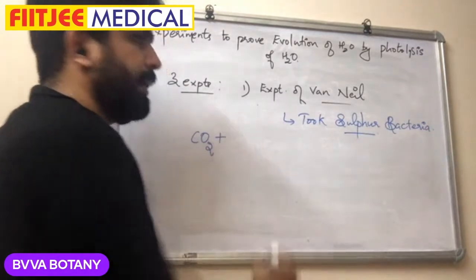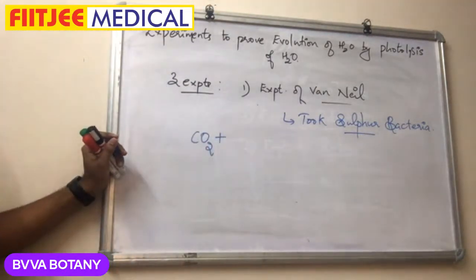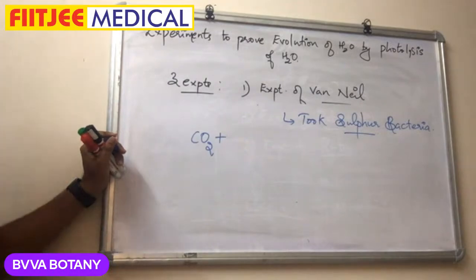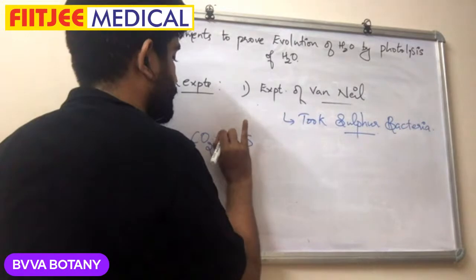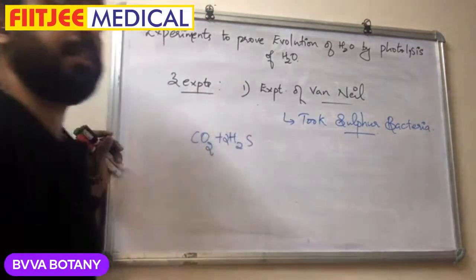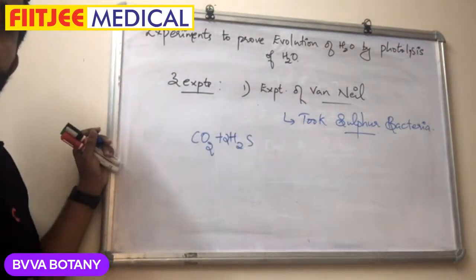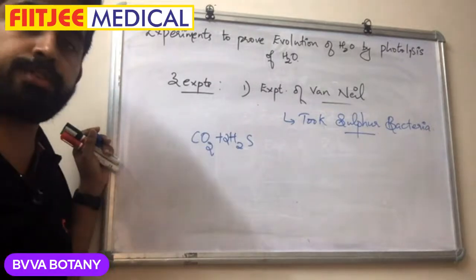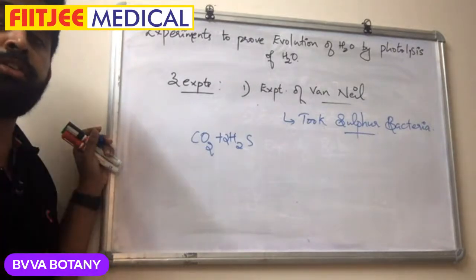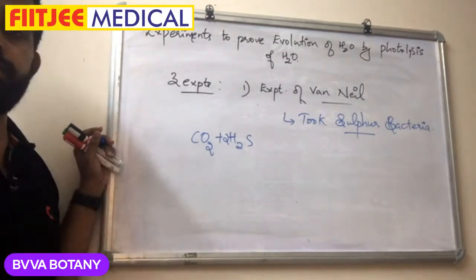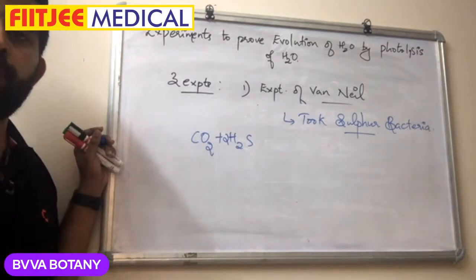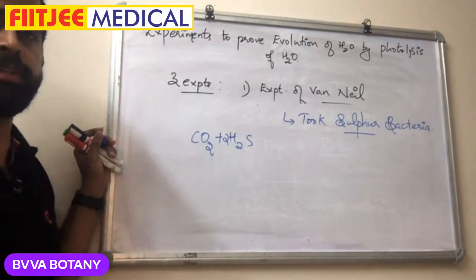Along with carbon dioxide, it also takes the sulfide containing H2S. So here H2S is the proton and electron donor, because we know that in the process of photosynthesis, it is water which is going to be the electron donor in the ETS. So here the electron donor is going to be H2S, not H2O. There is no water at all at that point.